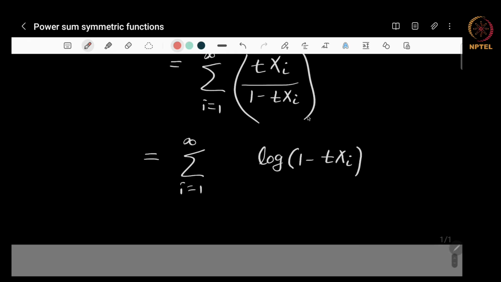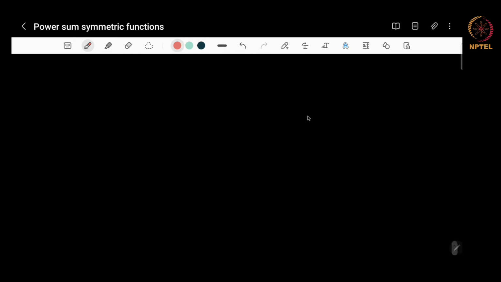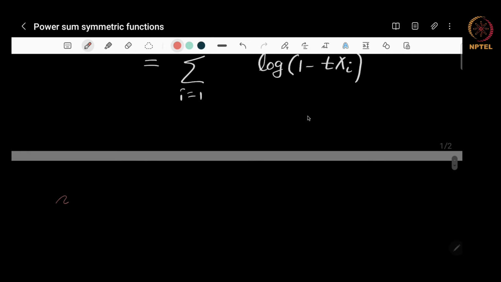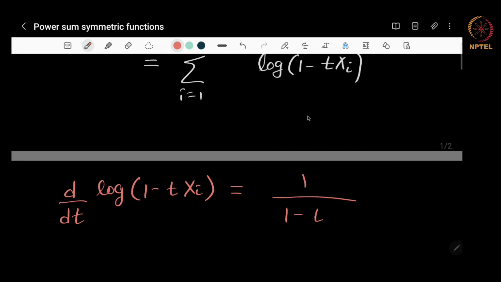If I have a power series, I'm going to try and take the derivative with respect to the variable t of log of something, in this case log of 1 minus t xi, this just becomes 1 over 1 minus t xi. That's the usual derivative. But then I have also a minus t xi to take the derivative of, and by the chain rule, which applies exactly the same way, I get a minus xi on top. So that's what the derivative looks like.